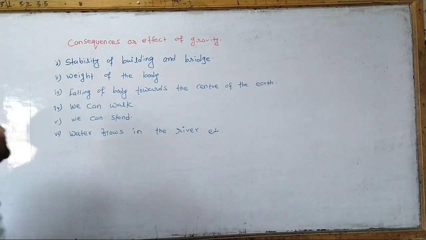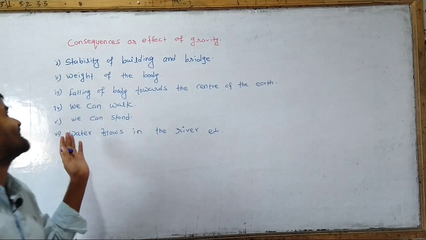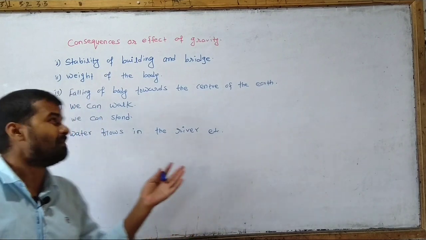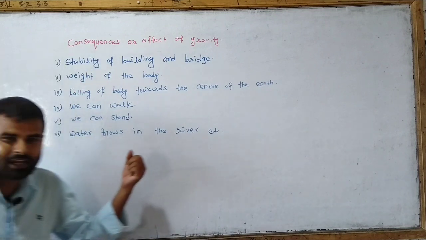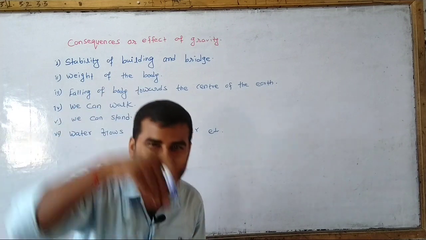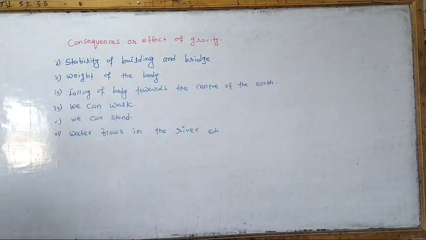Consequences or effects of gravity. We can see many buildings and bridges, so the stability of buildings and bridges is due to gravity. We can feel our weight. Everybody has weight, that is due to gravity.